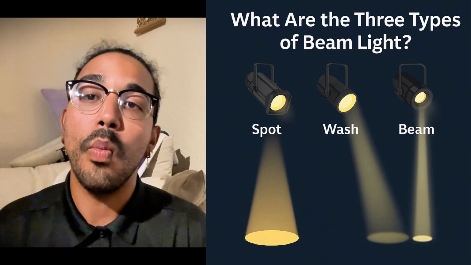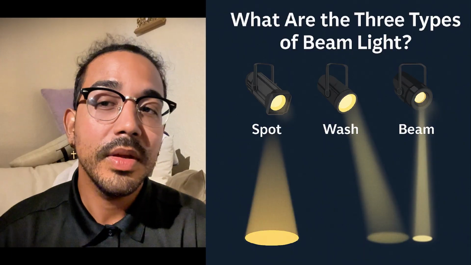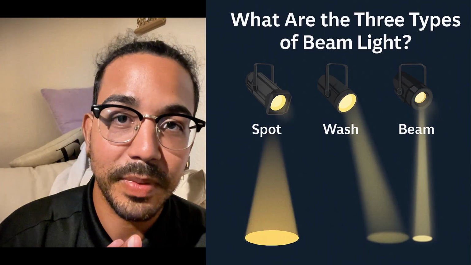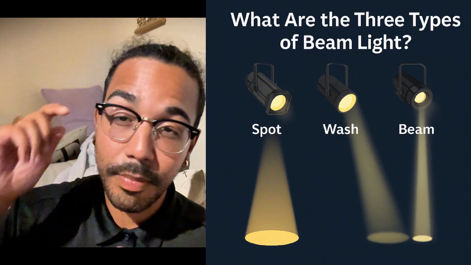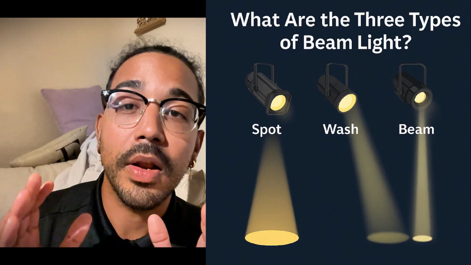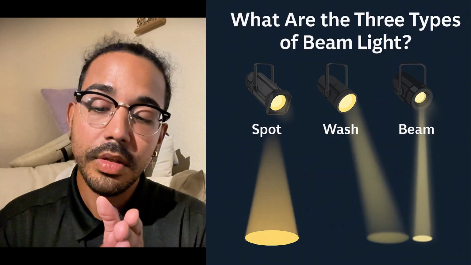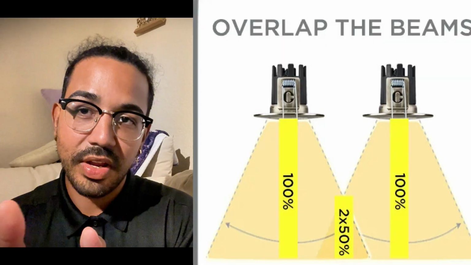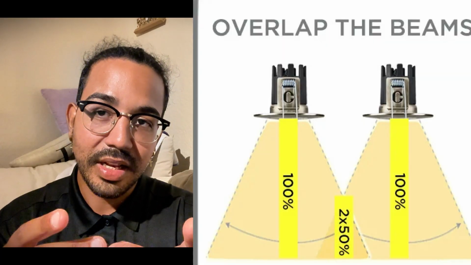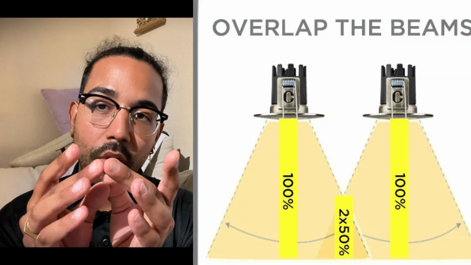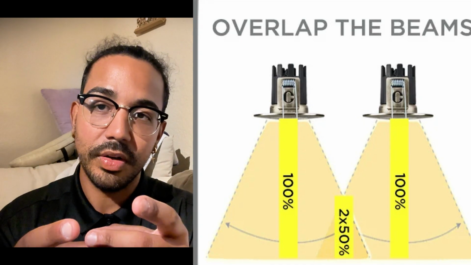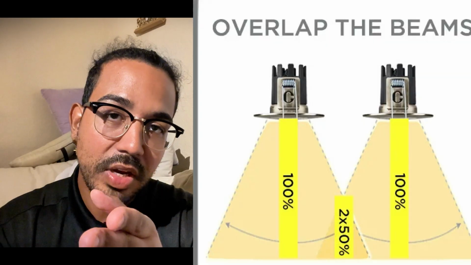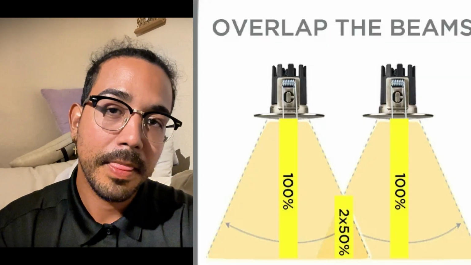The reason a wash would be great for churches is the problem that happens with a spotlight. I'm gonna show you what's wrong with the spotlight in a church environment. Some people might like it, other people don't. If you have one light going straight, and then you have another light next to it, the lights overlay each other, and where they overlay is going to be super bright.